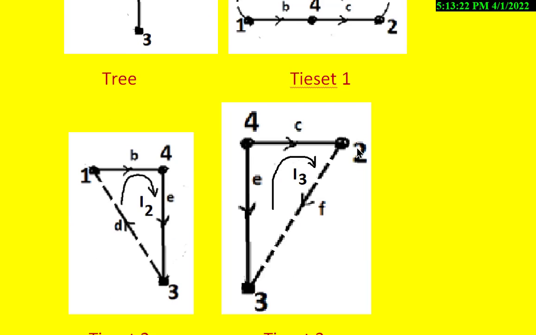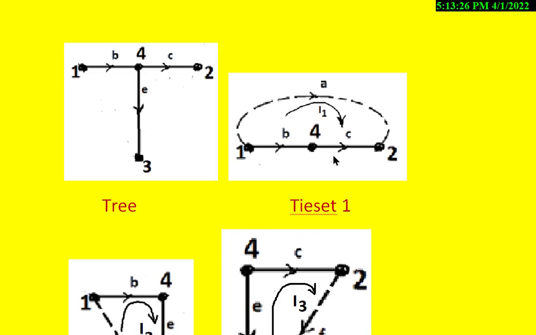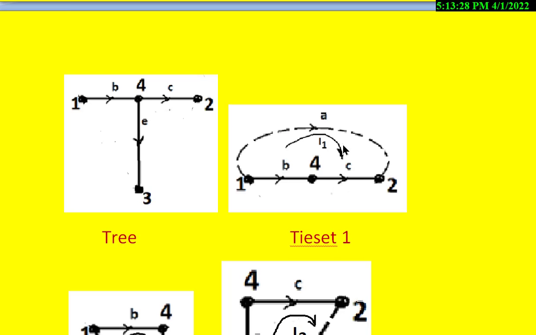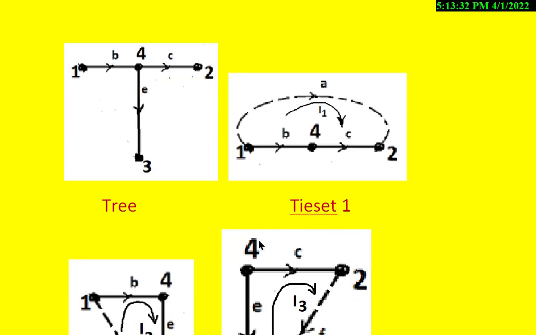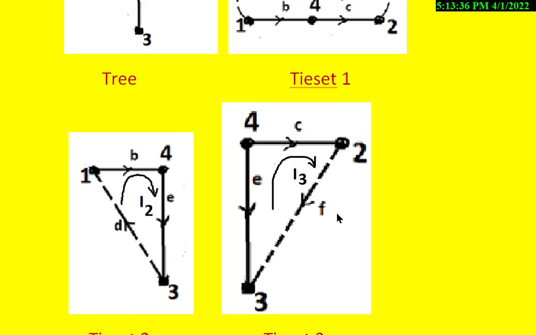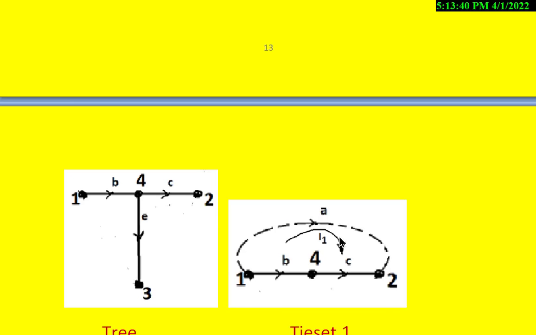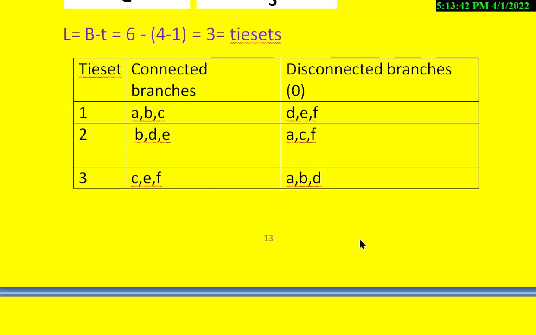After knowing the Tiesets, find out the branches connected to Tieset 1, similarly the branches connected to Tieset 2, and to Tieset 3. Also find out the branches not connected.